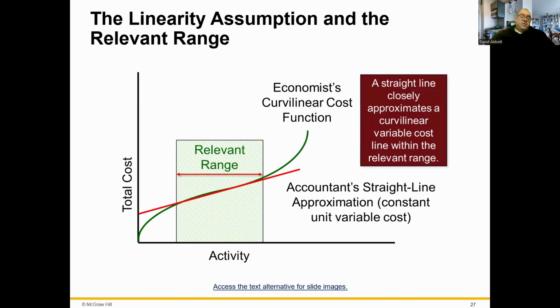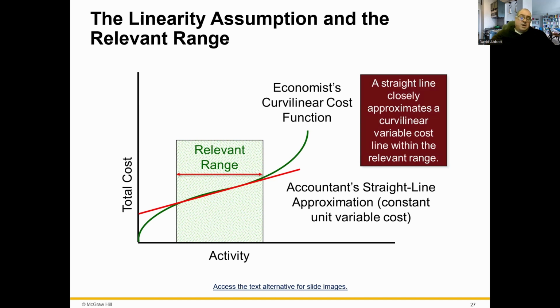All right. So the linearity assumption and relevant range is an important concept to understand. Accountants usually assume that costs are strictly linear. However, economists point out that many costs are not actually linear, they're curvilinear. Nonetheless, within a narrow band of activity known as the relevant range, a curvilinear cost can be satisfactorily approximated by a straight line.